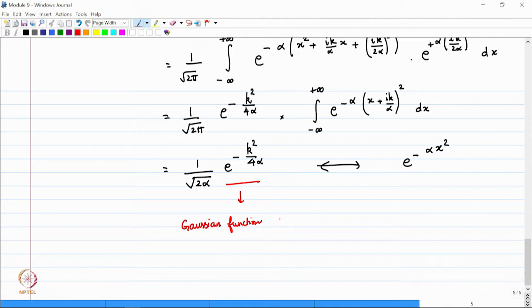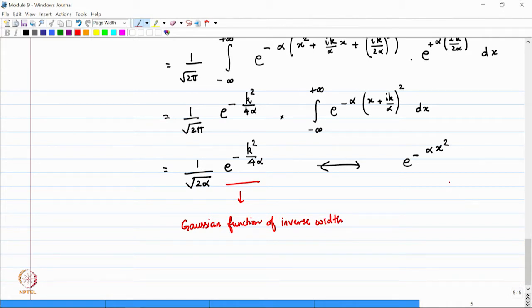Okay. So, in other words, if this was a narrow width, then this is an inverse width. Okay.